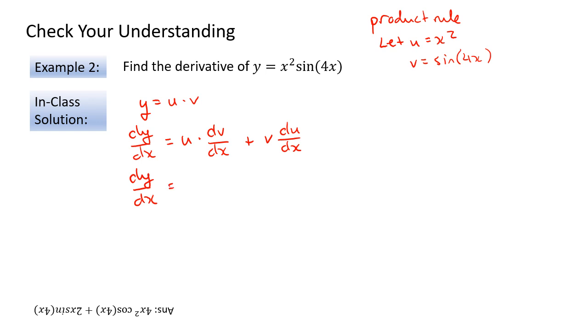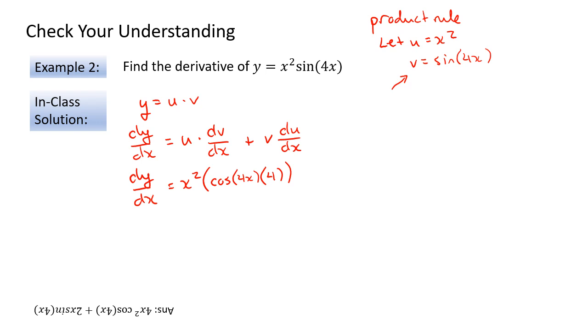So our first one is u, which is just x squared, multiplied by the derivative of function v with respect to x. So that derivative is simply cosine of 4x, using again that chain rule. So now we have to multiply it by the derivative of the expression in the brackets, which is simply 4.